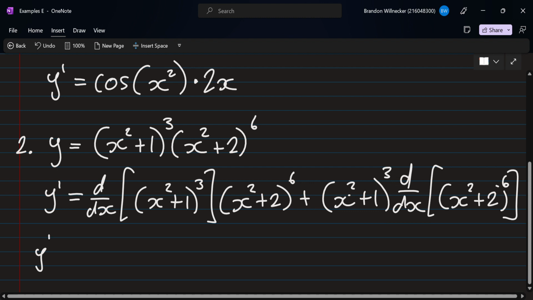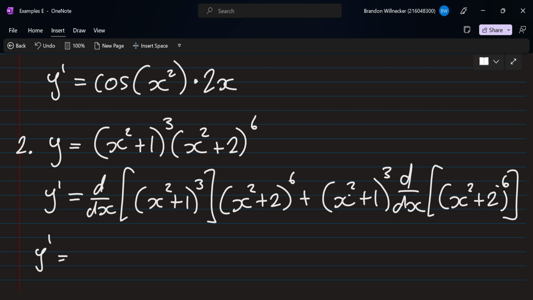So, when we want to take the derivative of this first part, we need to use the chain rule. So, outside function, that's something cubed. We're going to take the 3 down, turn that into a 2, and then take the derivative of the inside. So, that will be 3 x squared plus 1 squared times, and then the derivative of the inside, that's just going to be 2x. Okay, and then the other term stays the same.